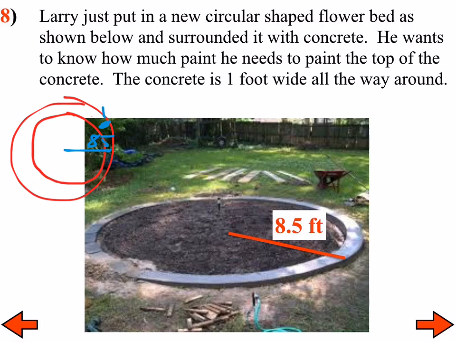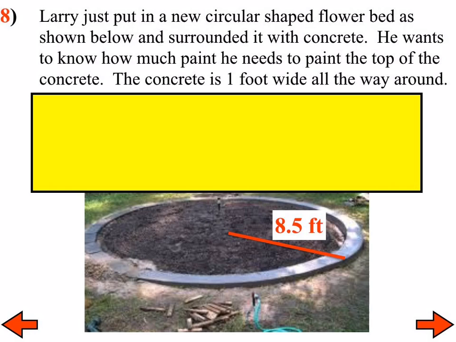So basically what you have is the outer circle area, which is pi times 8.5 squared, pi times the radius squared, and we're going to take away from that the area of the inner circle. If the concrete is 1 foot wide, that means the inner circle has a radius of 7.5. That should make sense to you.